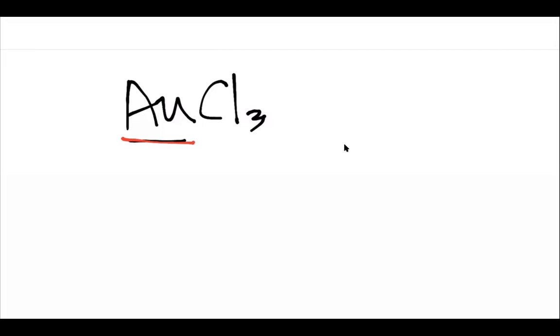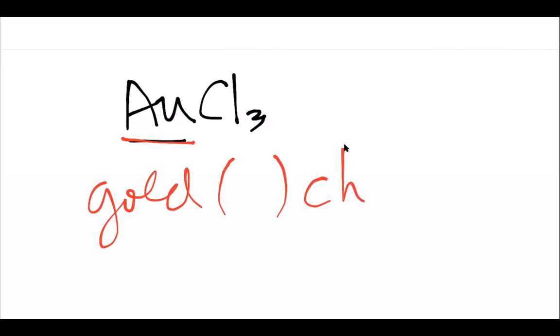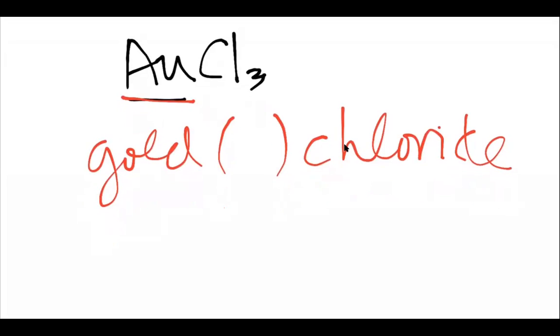But this is gold. So I know this is going to be gold something, and then Cl is chloride. Because it's ionic, there are no prefixes. Now, for the Roman numeral, I need to look at my negative ion, the Cl. Cl is -1 because it's in group 17.